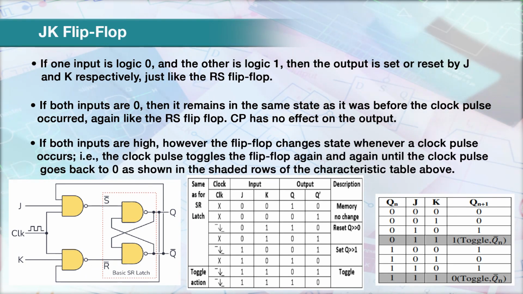If both inputs are high, however, the flip flop changes state whenever a clock pulse occurs. That is, the clock pulse toggles the flip flop again and again until the clock pulse goes back to 0, as shown in the shaded row of the characteristic table above.